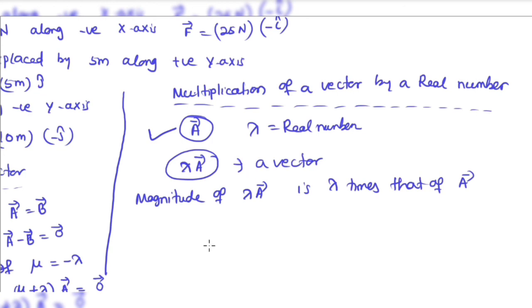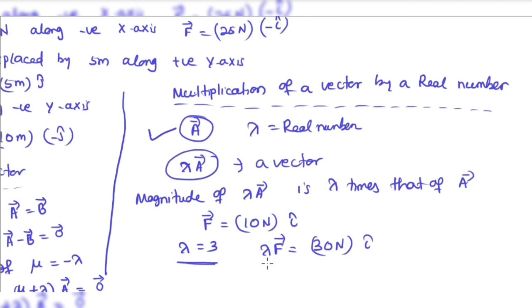For example, suppose f vector is equal to 10 Newton into I cap. I cap means the force is acting along the positive x-axis. And suppose lambda is equal to 3. Then lambda into f vector will be how much? 30 Newton into I cap.